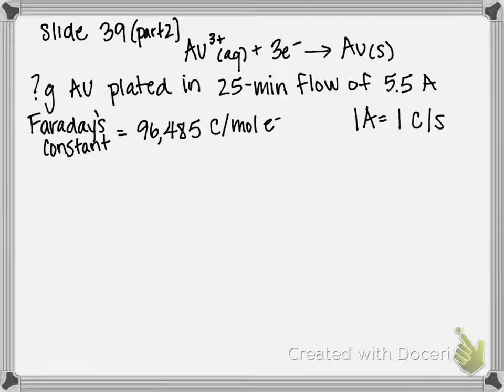So this is basically a glorified dimensional analysis stoichiometric problem, wherein we're going to take our time and use amps flowing, which amps is a unit of current that translates to 1 coulomb per second, to get us into different units.